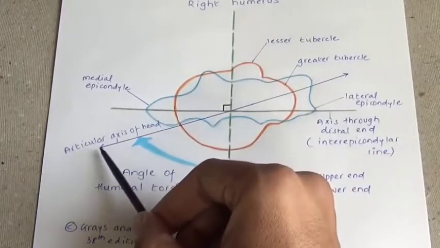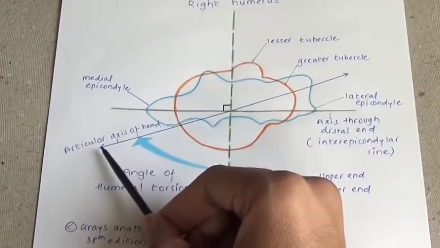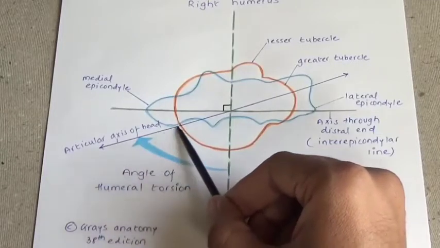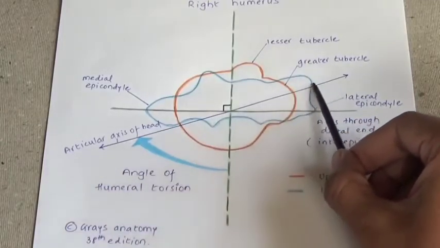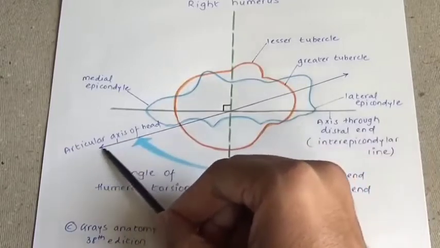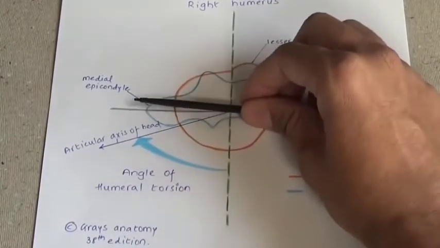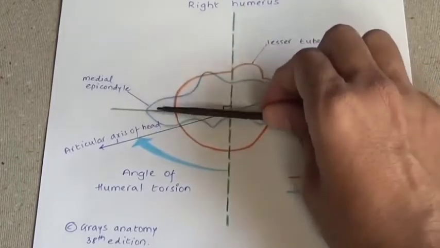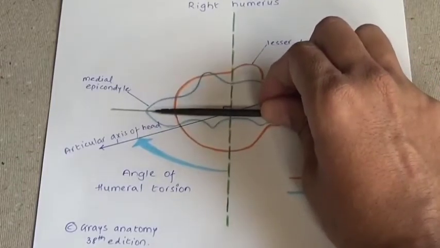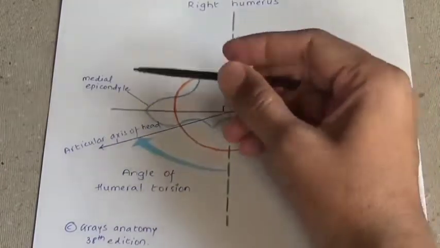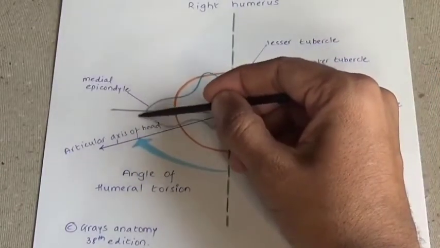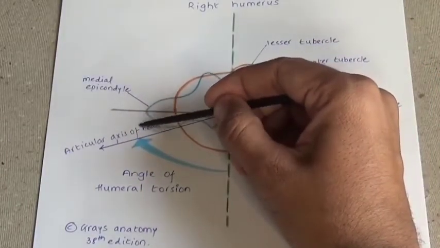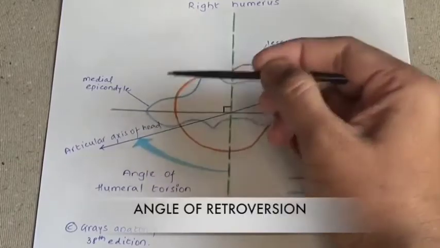Another axis is drawn which is termed the articular axis of the head, which should pass through the center of the head and the greater tubercle. That is what we have seen, that there is a little bit of posterior displacement of the head of the humerus as compared to the long axis of the lower end or interepicondylar line. So there is formation of an angle between these two, and that is termed the angle of retroversion.